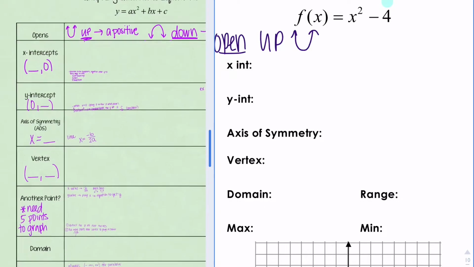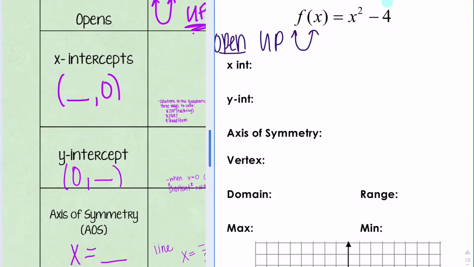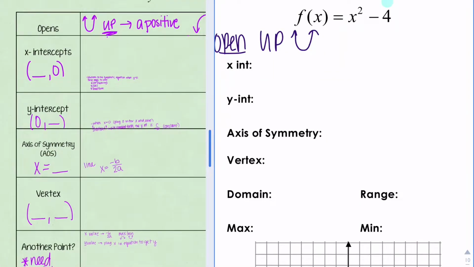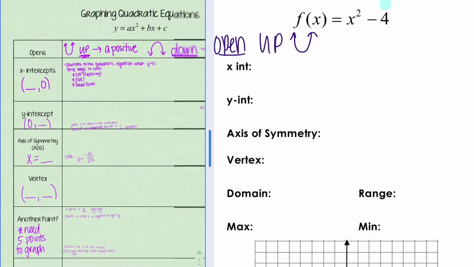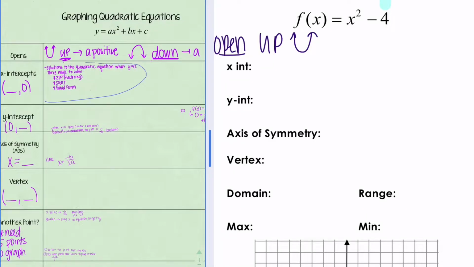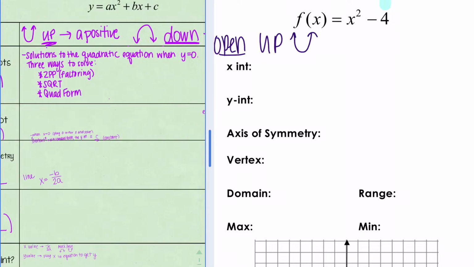Okay, the x-intercepts. So the x-intercepts are always going to be an ordered pair that look like that: some number, comma, 0. And we find the x-intercepts by solving the quadratic equation, and we solve the quadratic equation by setting it equal to 0. So I wrote, as you can see, it's the solutions to the quadratic equation when y equals 0.